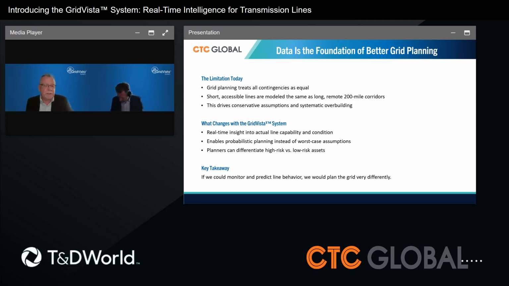GridVista helps us and provides more capacity in a least cost manner to provide much more net benefits to the end consumers, to raise awareness and flexibility that's needed in grid operations.